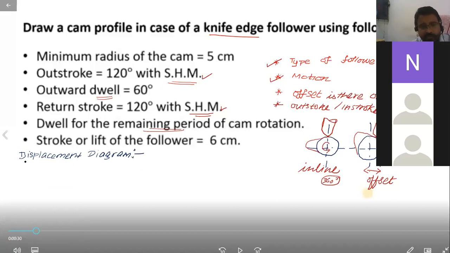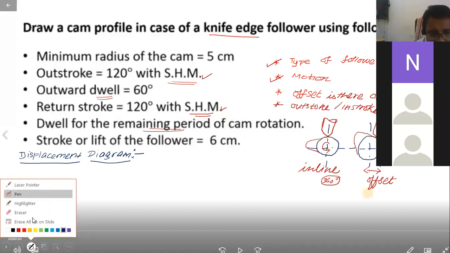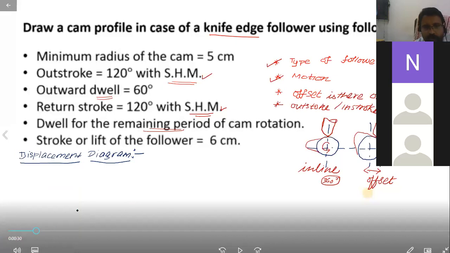For that, the line we have to draw is 360. We have to put a 360 degree line. So I am putting a 360 degree line.